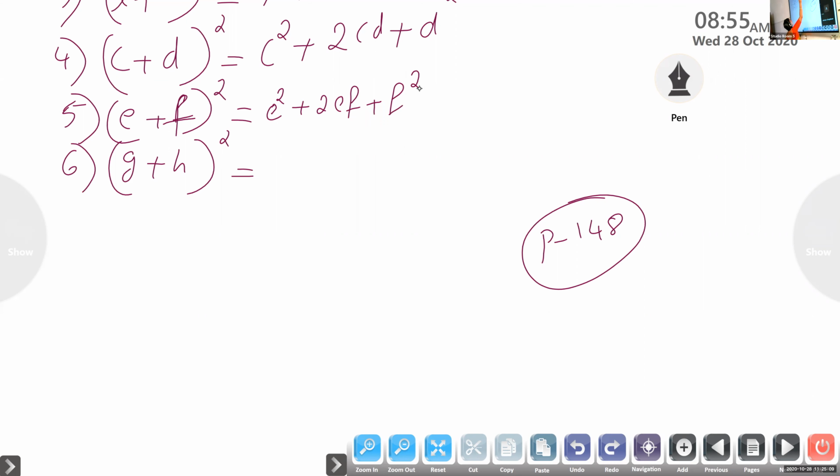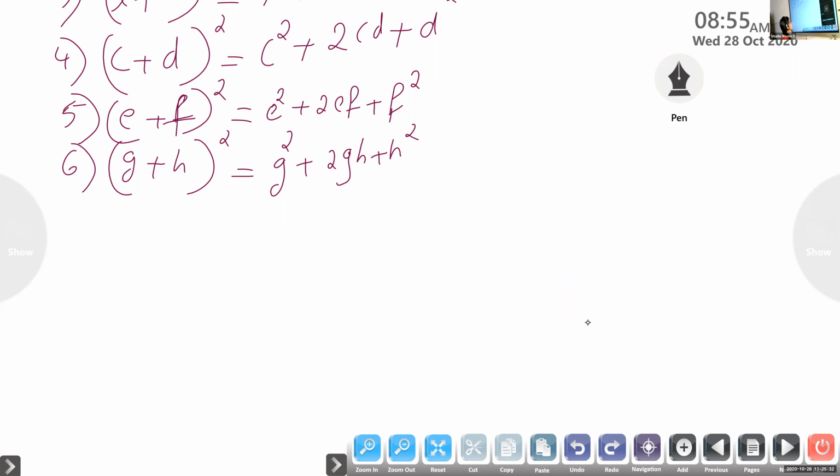Okay, Akhila, next. g square plus 2gh plus h square. Now instead of a and b, I'm giving some numbers also.